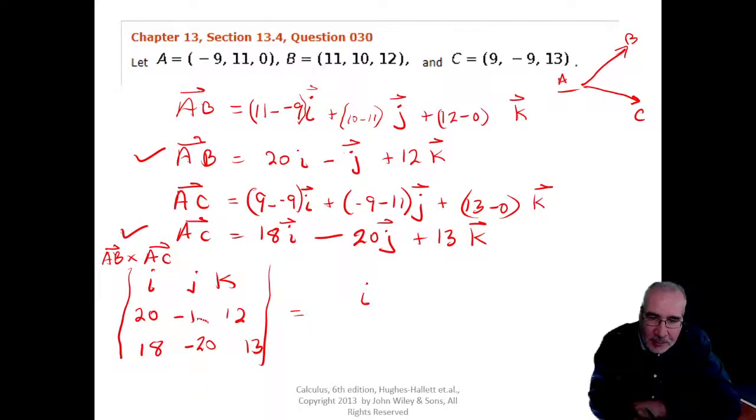So remember, that's going to give me negative 13. That goes first. Then I'm going to subtract this cross product, 12 times 20. That is going to be 240, a negative 240, so that makes that plus 240. 240 minus 13 is going to be 227.